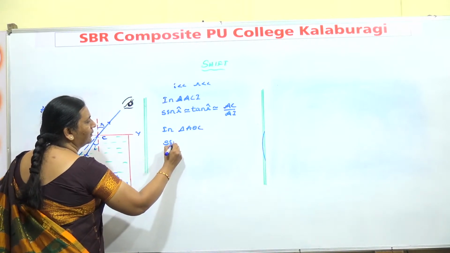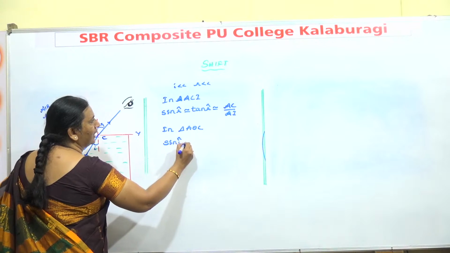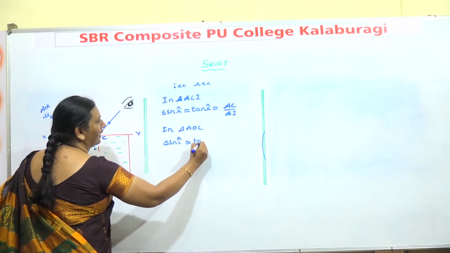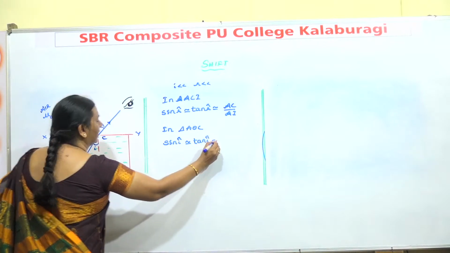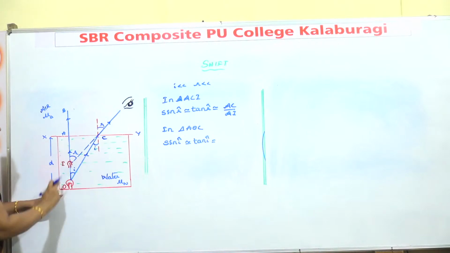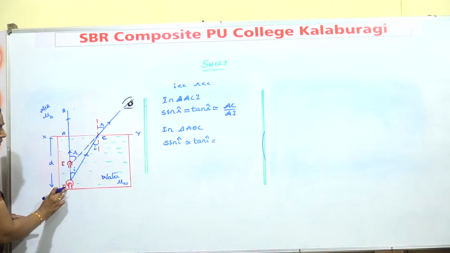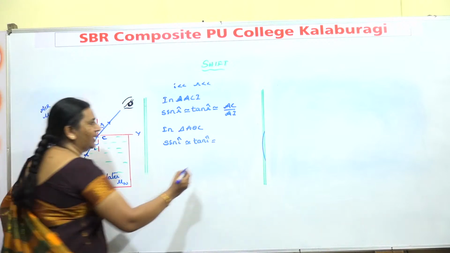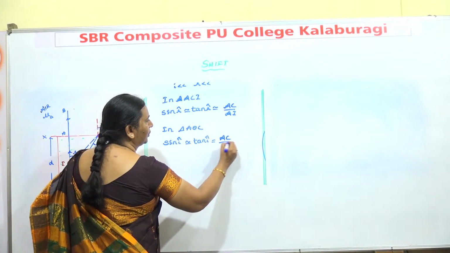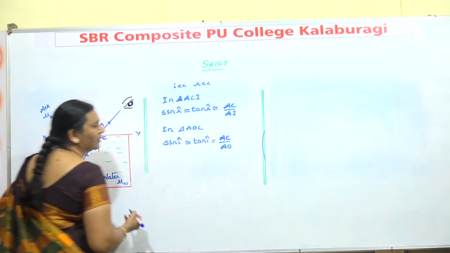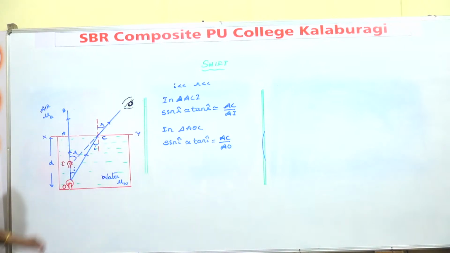Sine of i, again approximated as tan of i. In AOC, the outside triangle, again the opposite side is AC, but the base is AO. So AC by AO. What happened?